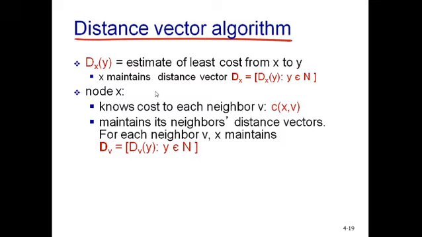This means a node present in an autonomous system at least knows about its neighbors and its cost to them, and maintains its neighbors' distance vectors. For each neighbor v, x maintains dv equals dy, where y belongs to N.